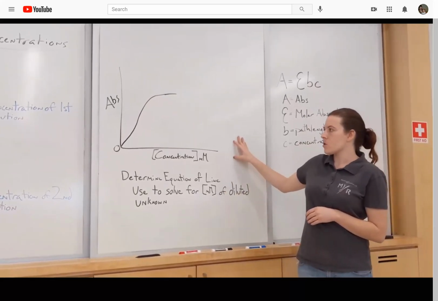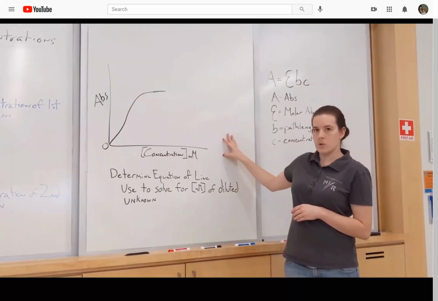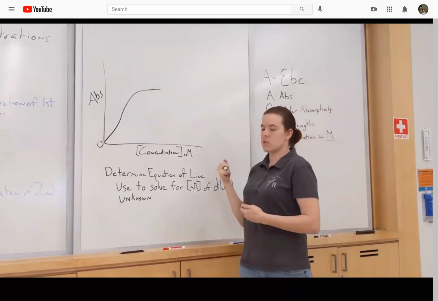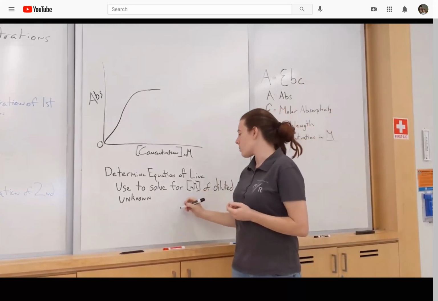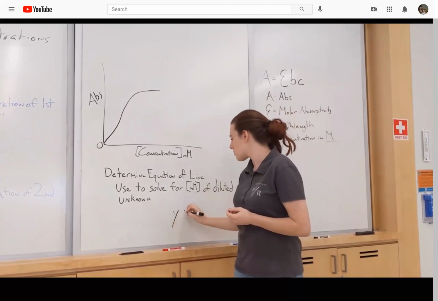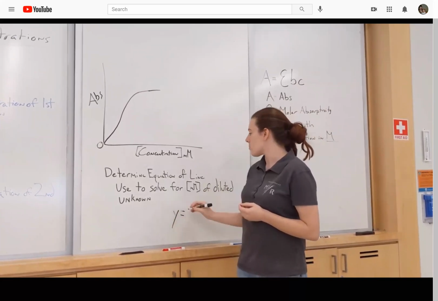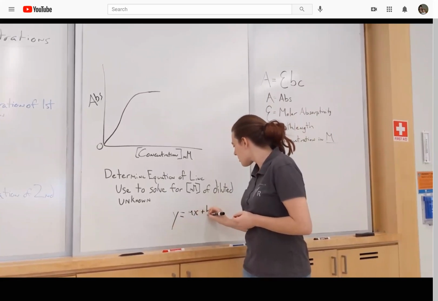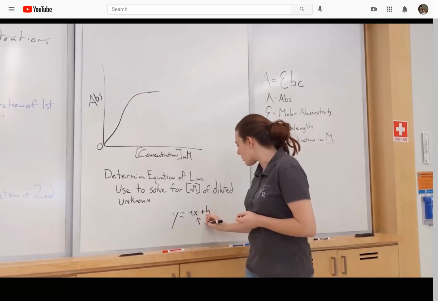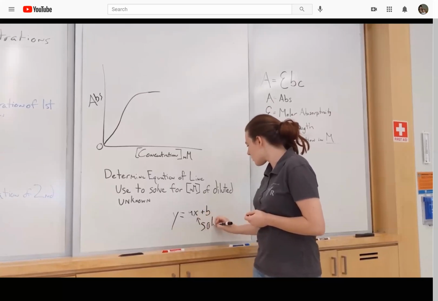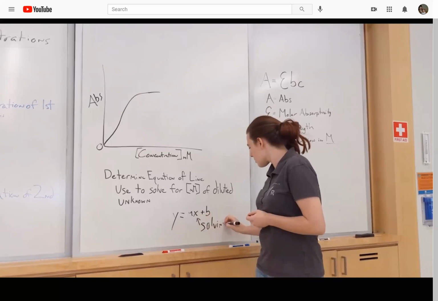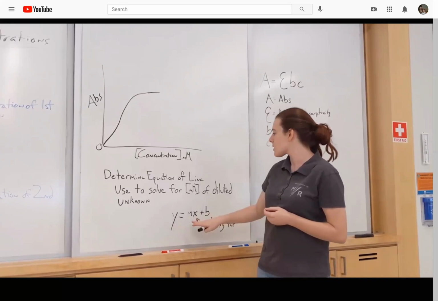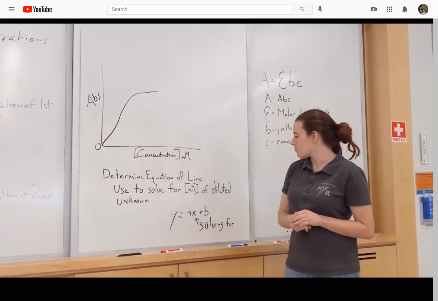How you're going to do that is you will find the equation of your line using Excel, and it's going to give you the typical equation of a line, y equals mx plus b. Y is going to be your absorbance, and x is what you are solving for. B is your y-intercept, and m is the slope.